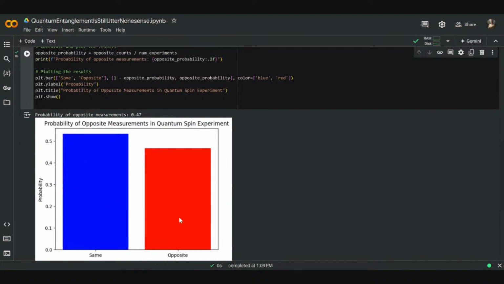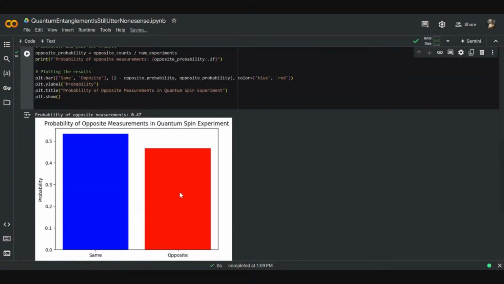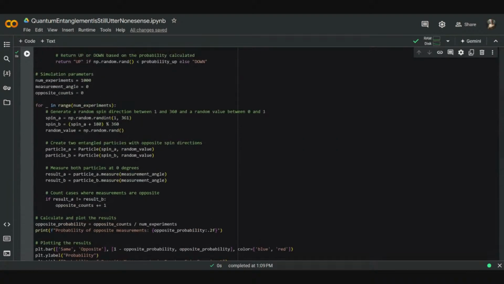So it didn't get it. It did not understand what I wanted to do. Probability of opposite measurements in quantum spin experiment: the same and the opposite. They should always be opposite. This looks like 50-50. So this is wrong.